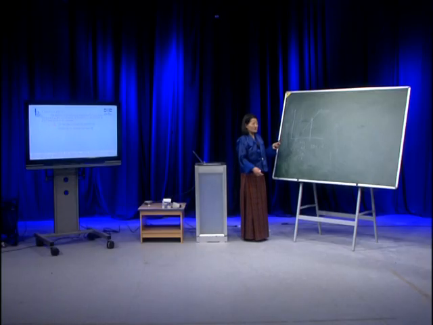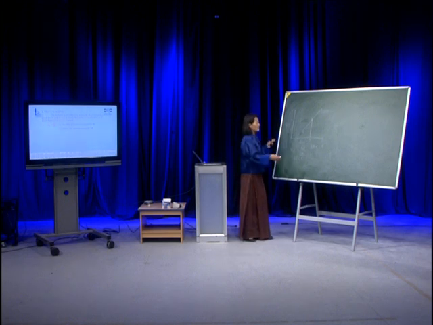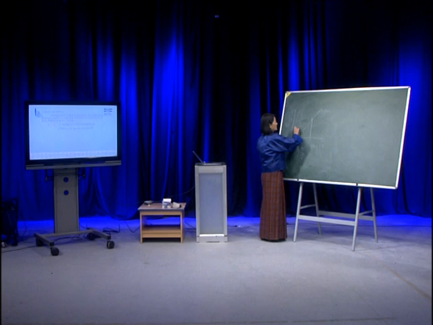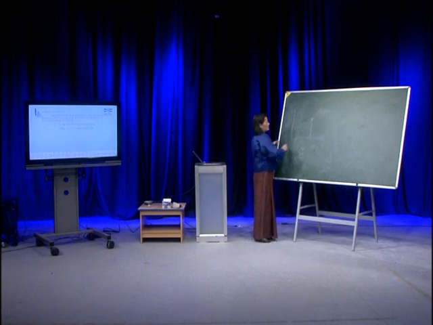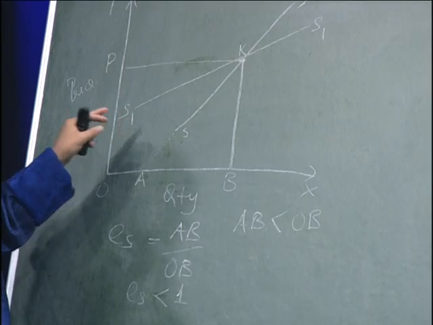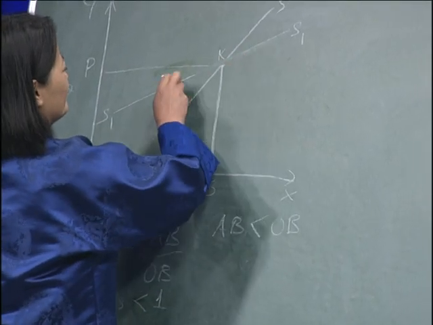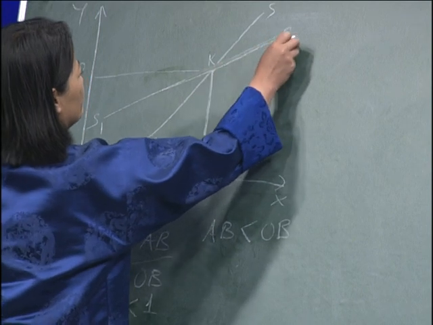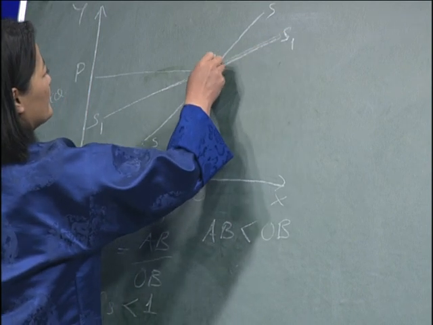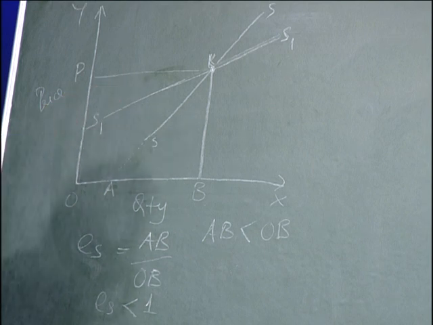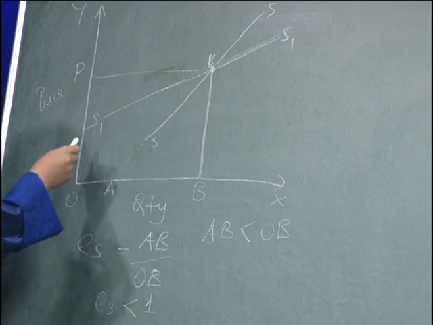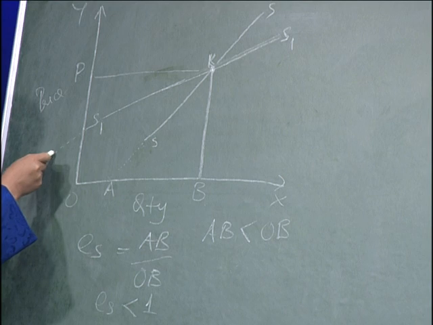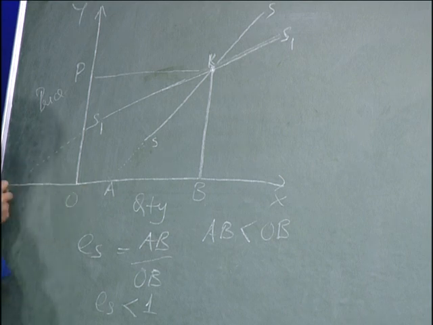Now, let us look into another supply curve and see what the value is going to be for that curve. Let us say supply curve S1. If you are asked to find the price elasticity for point K, again you will extend the line till it meets point A on the x axis.